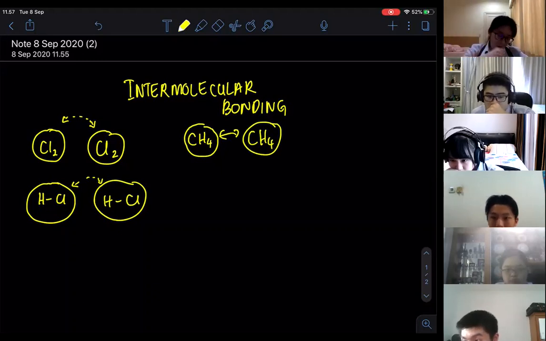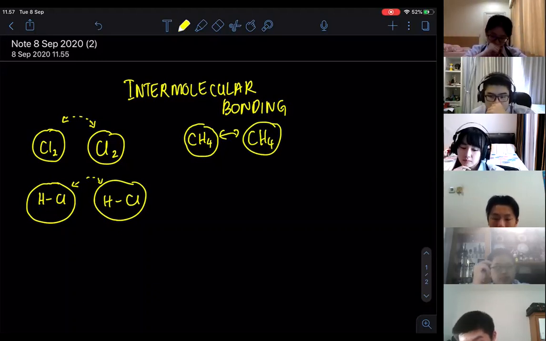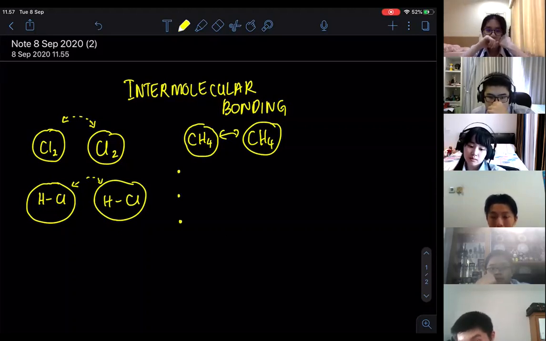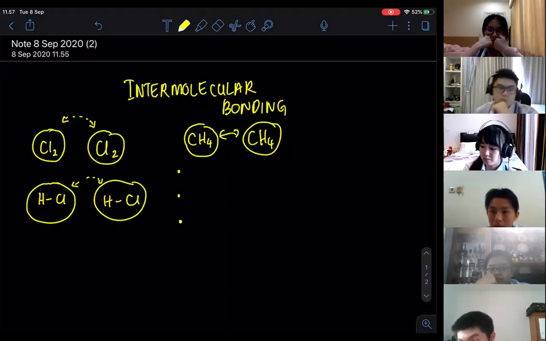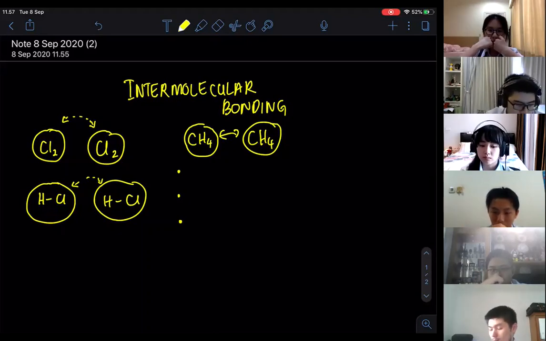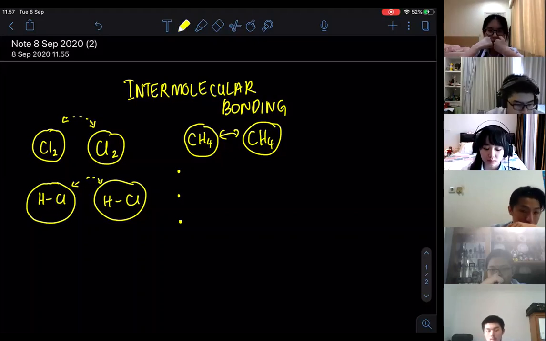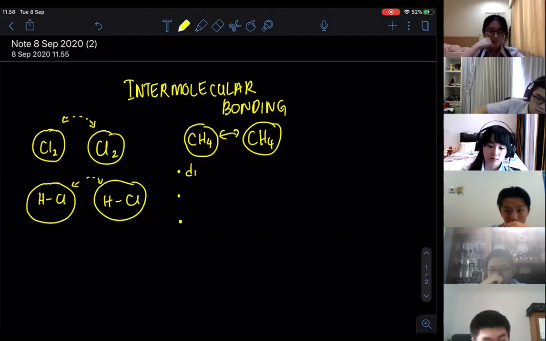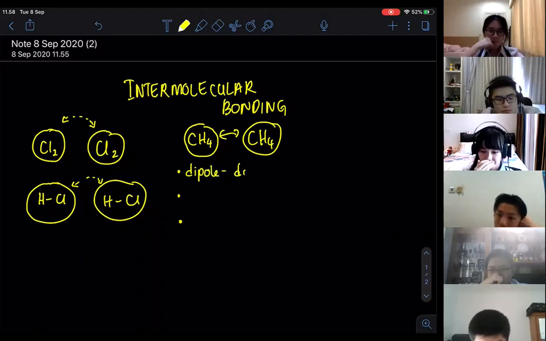Now, we have a total of 3 intermolecular bondings that we need to know. Today I will teach you all 3, but I will go through the last intermolecular bonding separately in the next lesson. Under intermolecular bonding we have dipole-dipole.